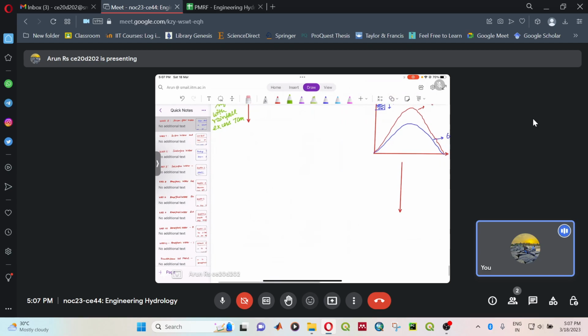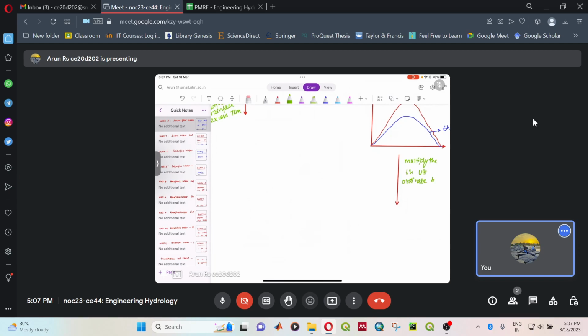So if the rainfall excess is 7 centimeters, we need to multiply the ordinates by 7.